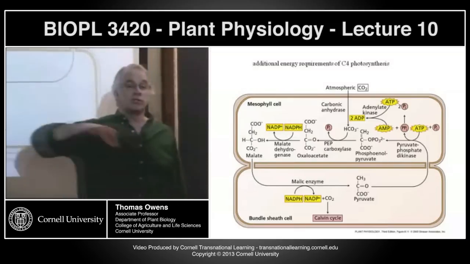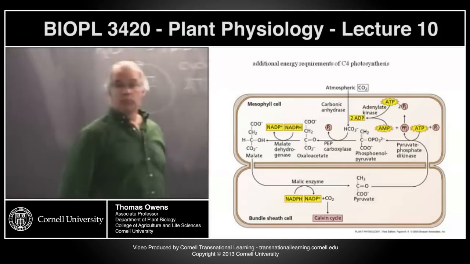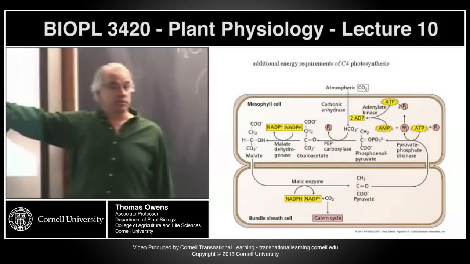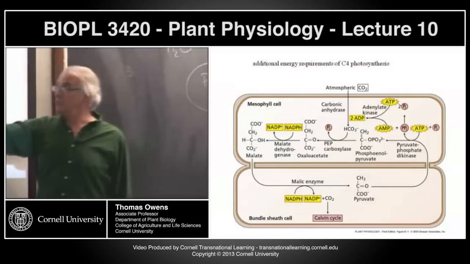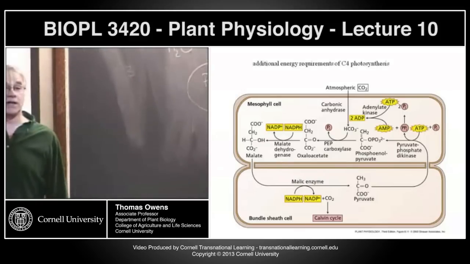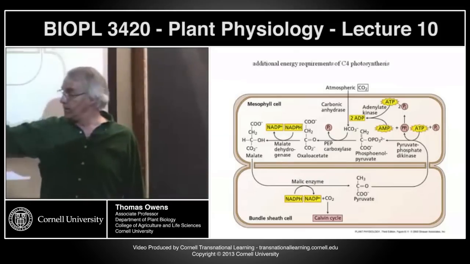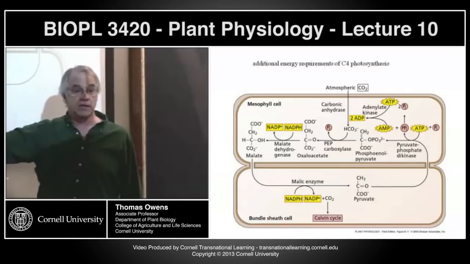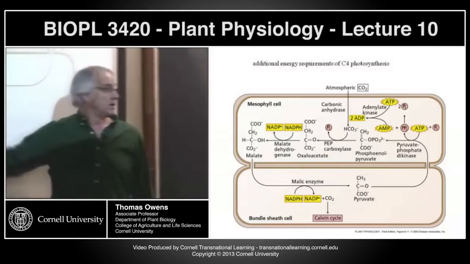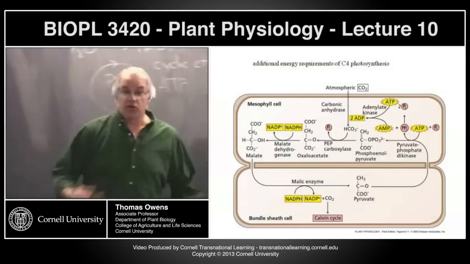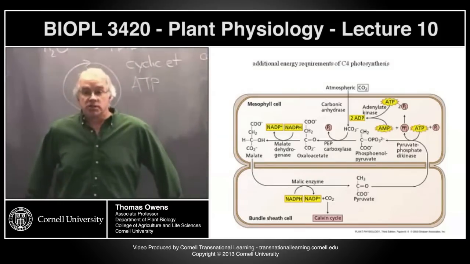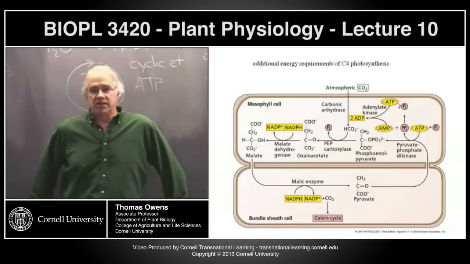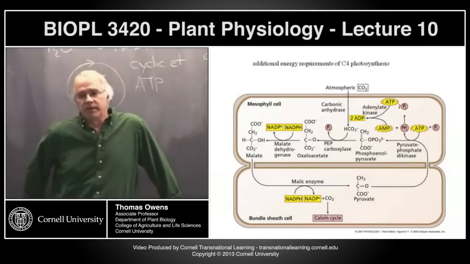But it's produced a spatial pump, in 2 different cells, the net result of which is increasing the concentration of carbon dioxide at the site where Rubisco functions and decreasing the concentration of oxygen to the point where, under physiological conditions, there's no oxygenation reaction. There's no photorespiration necessary in a C4 plant.